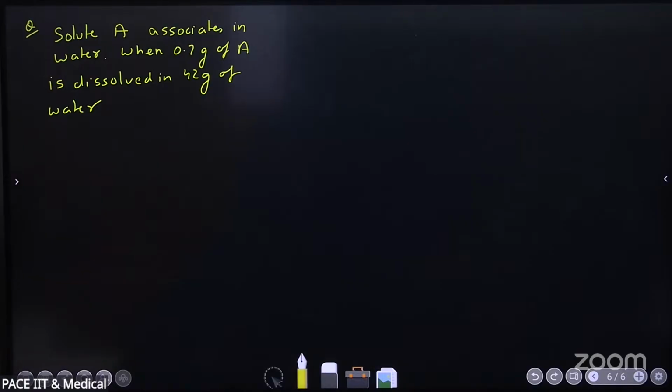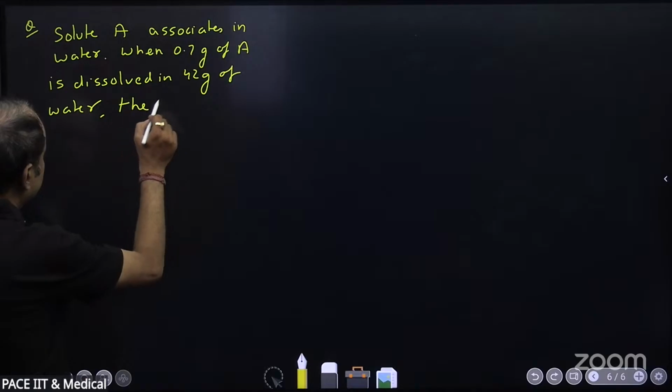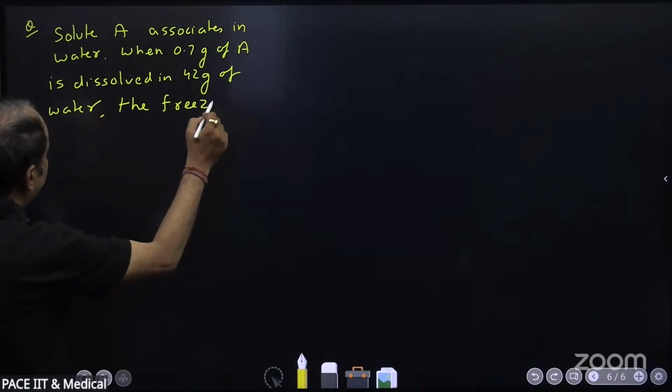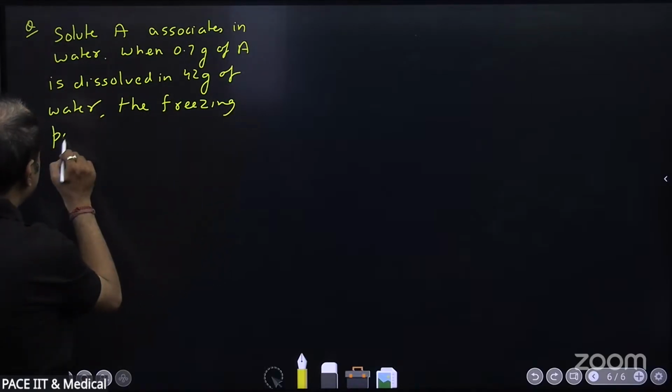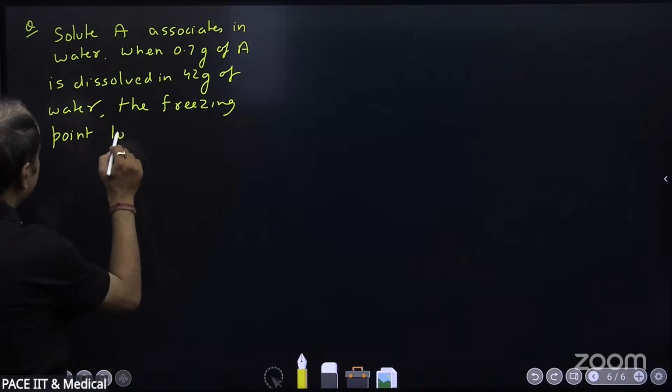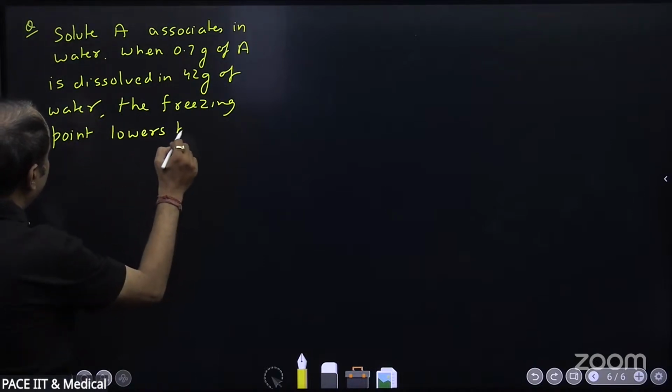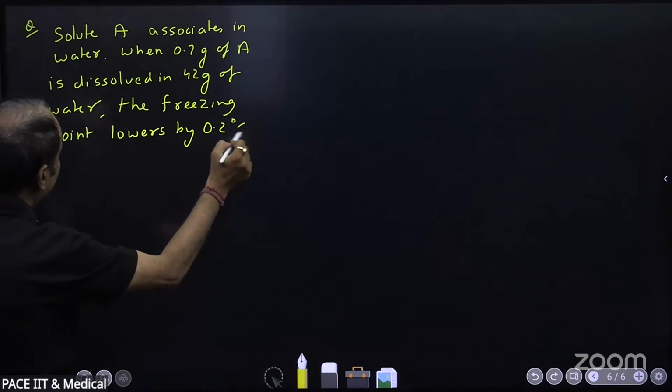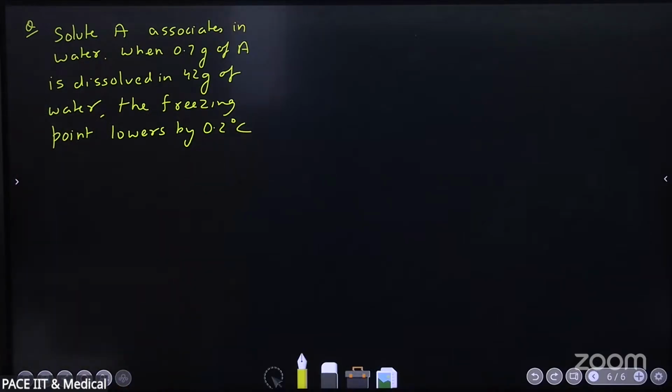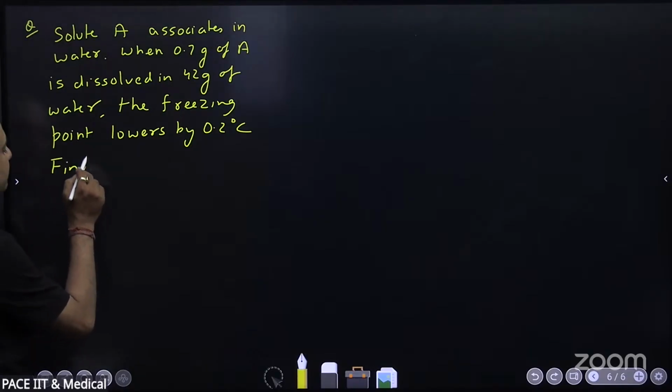the freezing point lowers by 0.2 degrees centigrade. The molar mass of A is given as 93 and Kf is given as 1.8.